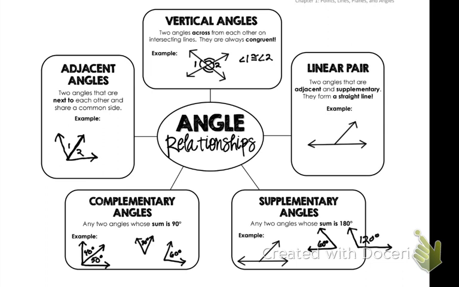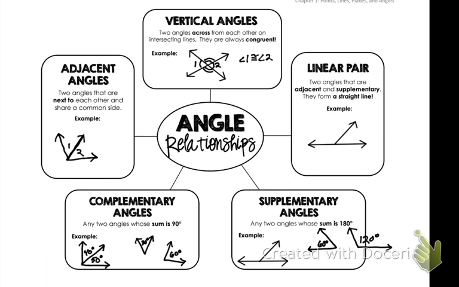The only difference is these have to be adjacent. They must make a straight line. And it just so happens if two angles make a straight line, they add to 180. So a linear pair is adjacent and supplementary, but in my mind, I just think about it as forming a straight line. As long as I know a straight line is 180 degrees, we have supplementary already baked into it.